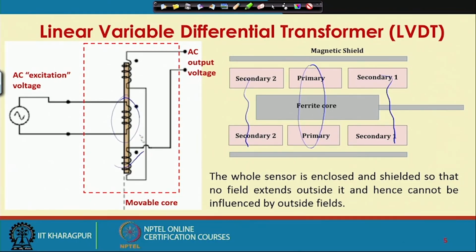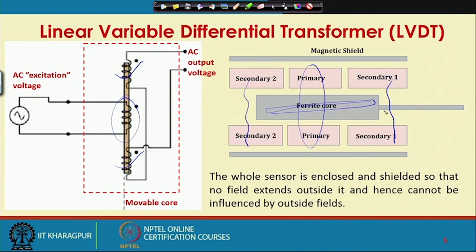Primary coil, secondary coils. Now, this is the soft iron core or ferrite core that provides magnetic coupling between this primary coil and the secondary coils.